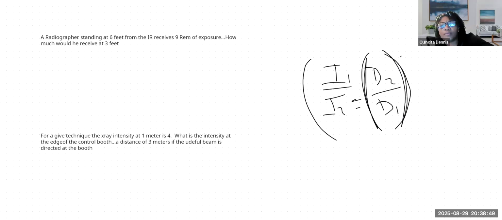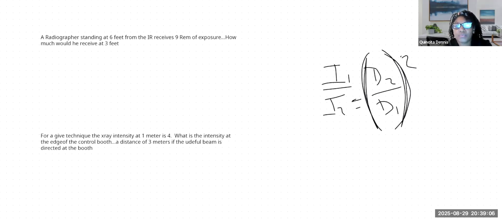This is something that you'll probably see on the registry. It's not something that we do in real life, but of course you need to know it for testing purposes and for registry purposes because you could potentially see it.